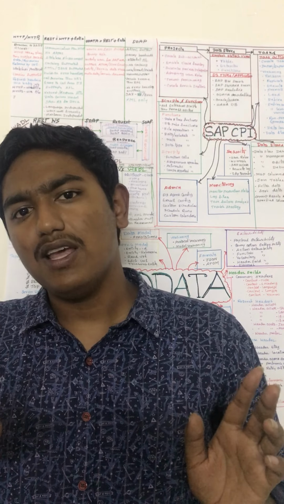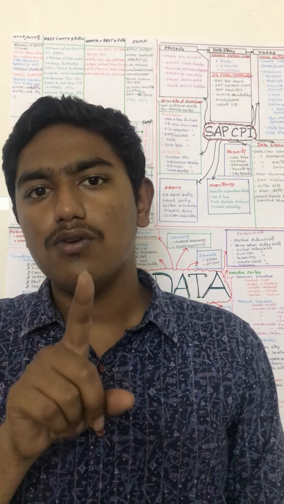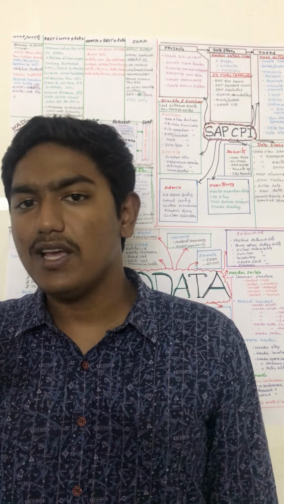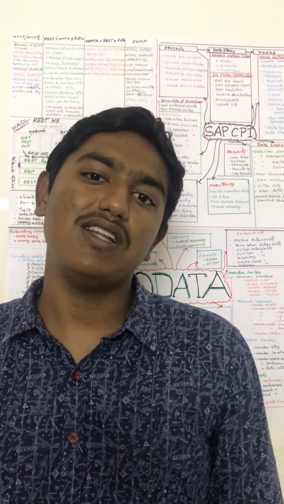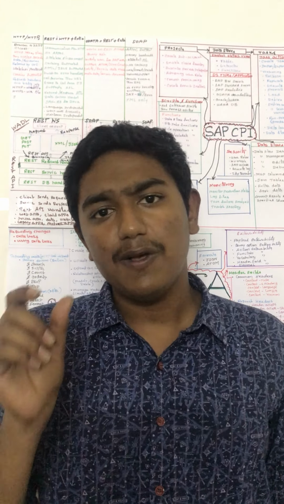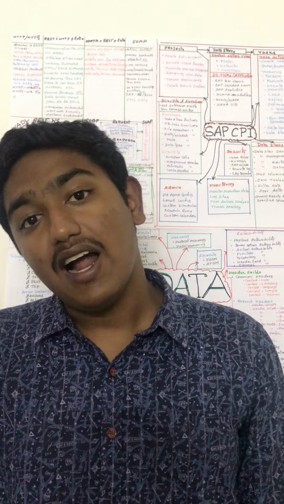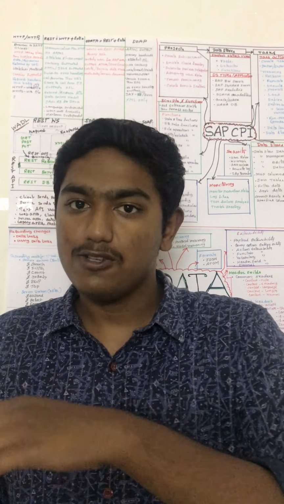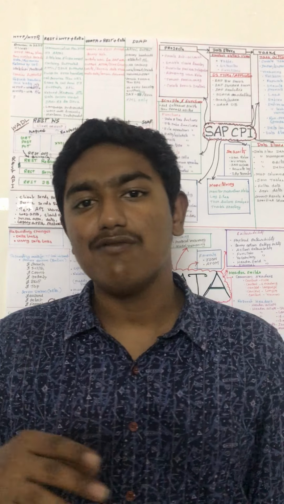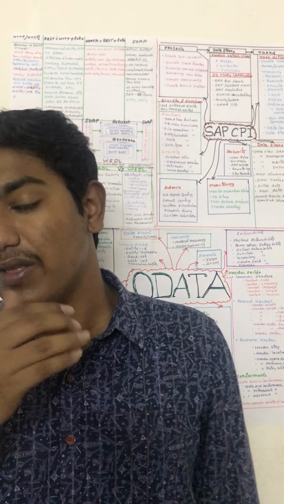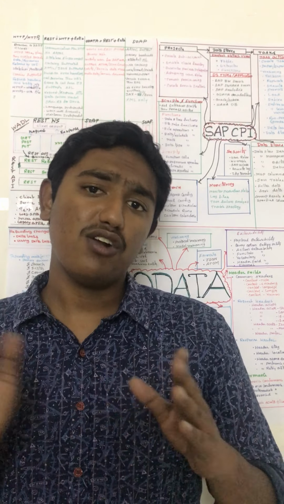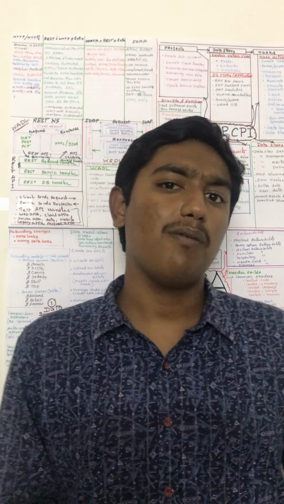CPQ to CPI, when it is requesting, you will use SOAP APIs. From CPI to the S4HANA database, when it is requesting, you will use cloud connectors. And when S4HANA is responding, sending information from S4HANA to CPI, we will use iDocs, intermediate documents.